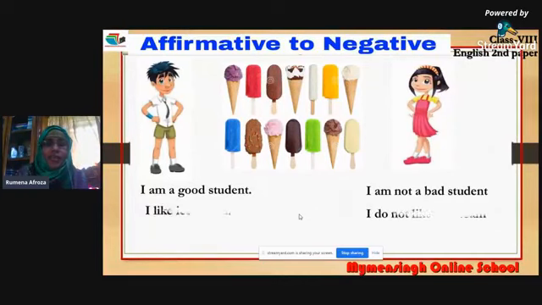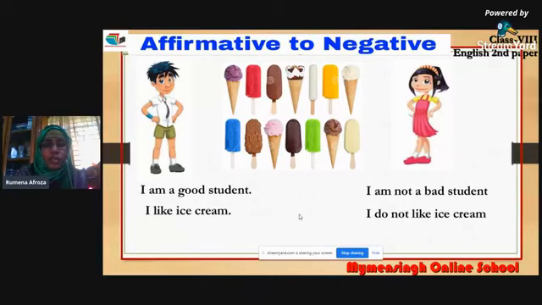Let's see another sentence here. I like ice cream. I don't like ice cream. The first is positive, and the second is negative but with a different meaning. Okay, can you find the differences?